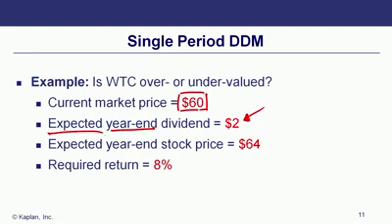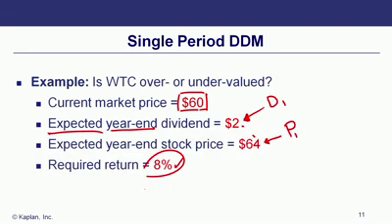It's expected, hasn't happened yet, which means that is D1. Crucial. Expected year-end stock price, when you see that, you know this is the simplest model of all. It's going to be worth $64 at time 1. That's our terminal value. We are just gifted a discount rate. We are going to discount these two cash flows back by 8% and get ourselves an intrinsic value.